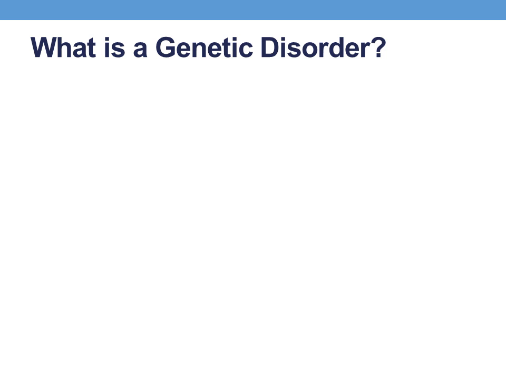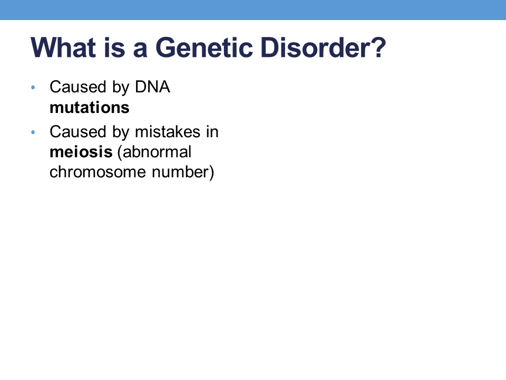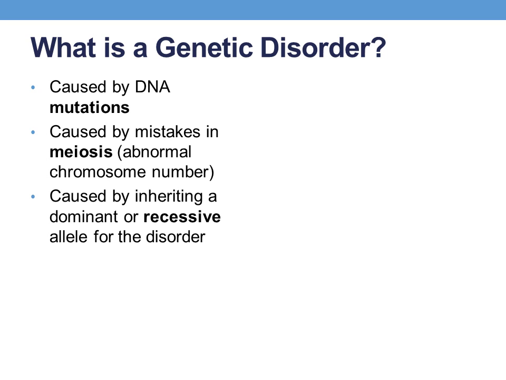So we've been discussing what genetic disorders are sort of off and on. One of the causes of genetic disorders is DNA mutations, like what we're doing with our plants. Genetic disorders can also be caused by mistakes in meiosis, which results in the normal number of chromosomes not being correct. And we'll talk about these all in more detail. Disorders can also be caused by inheriting either a dominant or a recessive allele for that disorder.